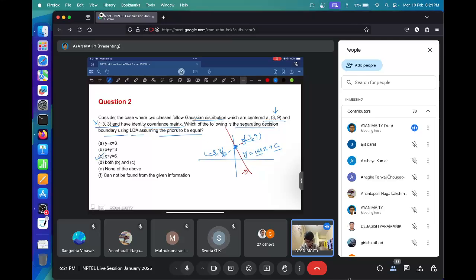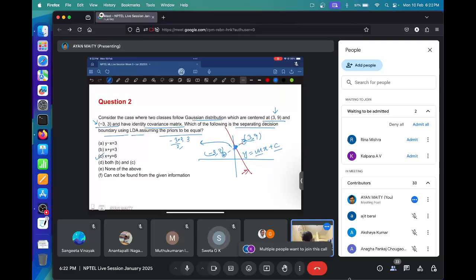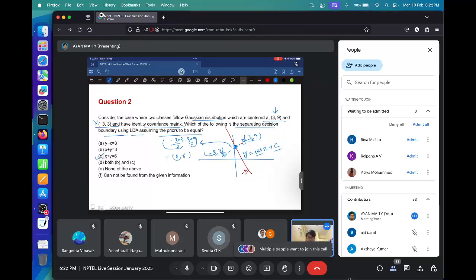This midpoint can be computed as minus 3 plus 3 by 2 comma 3 plus 9 by 2, so that is 0,6.